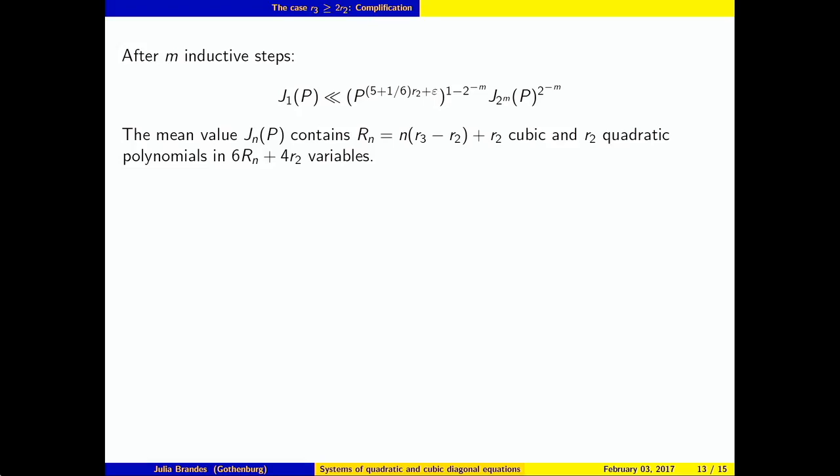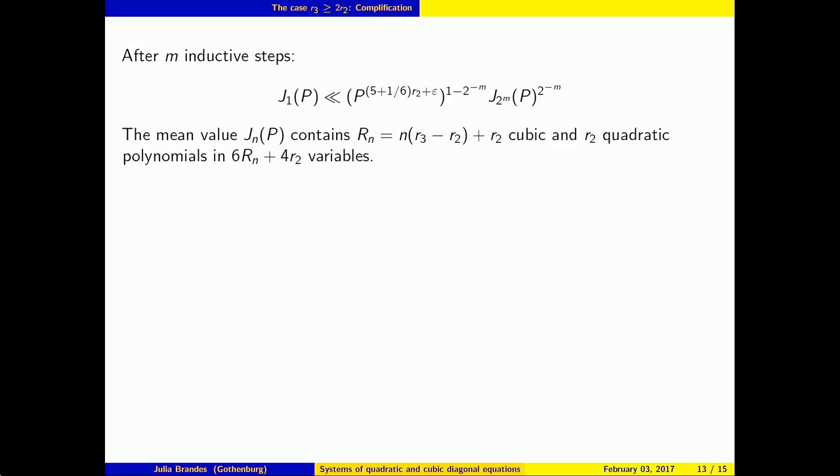And if we do that very often, we iterate, say, m times, so we bound the quadratic and cubic mean value by something that's almost 1, because we add up lots of powers of 2, or inverses of powers of 2, and we get some horrible big mean value to some small power.